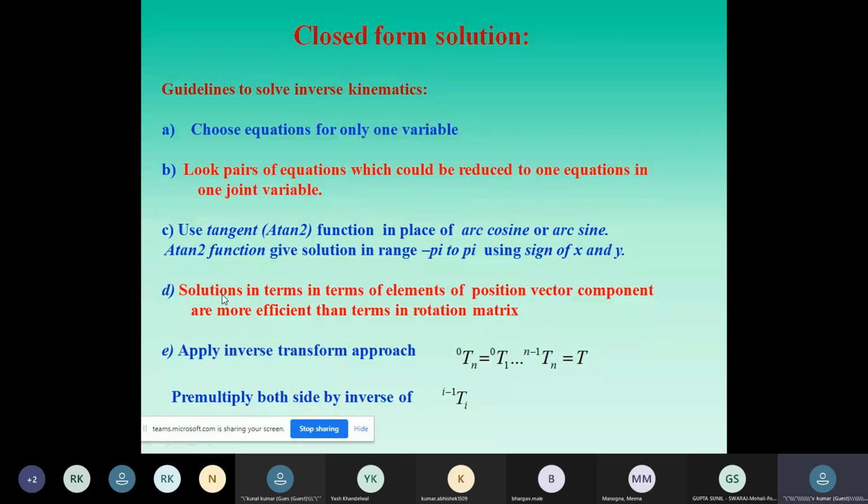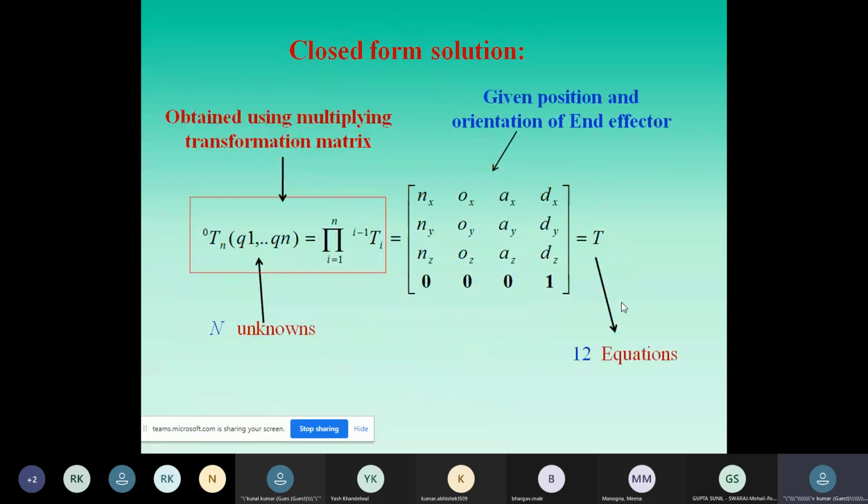Then next, what is the step? Prefer solutions in terms of elements of the position vector components rather than terms in the rotation matrix. Suppose you find a solution in nx, ox, ax in this area, and also a solution in dx, dy, dz.